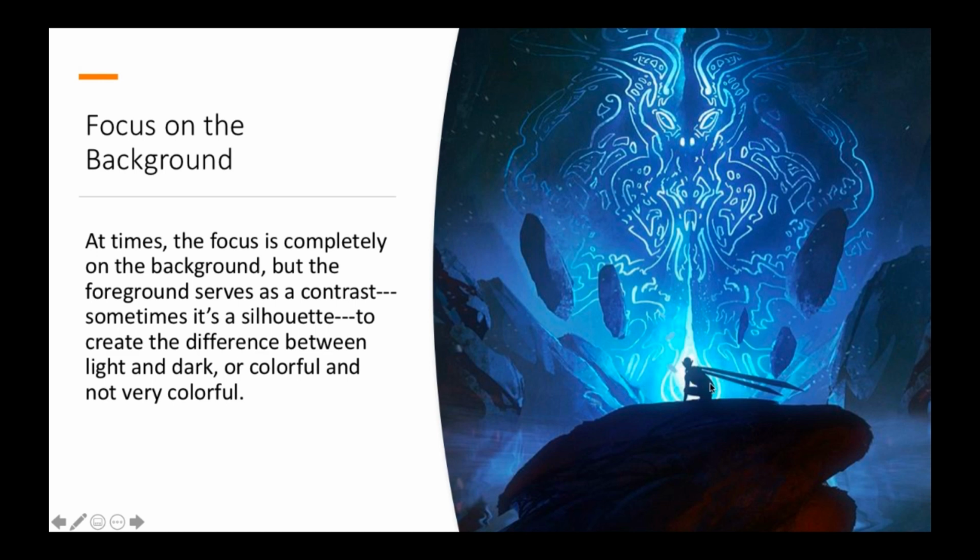You don't really know what else there is. It's just a shape. It's important to give you a sense of how gigantic all of this is, but really all the patterns and all of this is where the focus goes. So this just serves as something that gives you a sense of perspective and a sense of size, and other than that, it really doesn't serve much of a purpose. It's all about the background here.